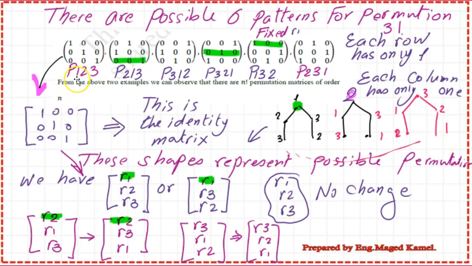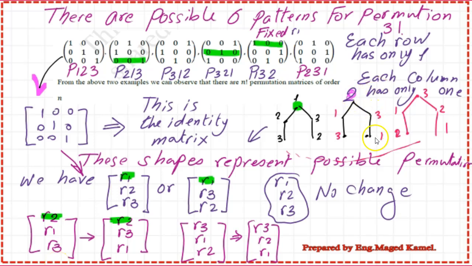Okay, for B123, we have the first row, second row, third row. But for B132, we have row 1, row 3, row 2 in order. And for 2 1 3, we put R2 first, followed by R1 in the second row, followed by R3 in the third row.